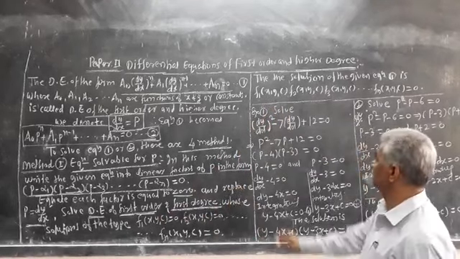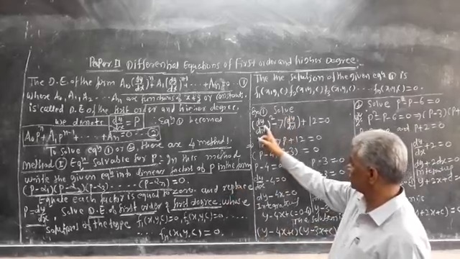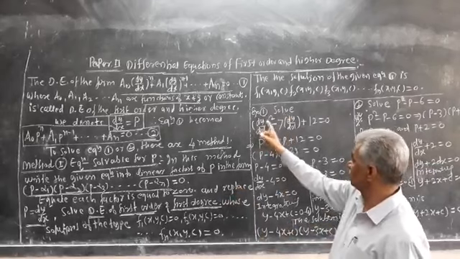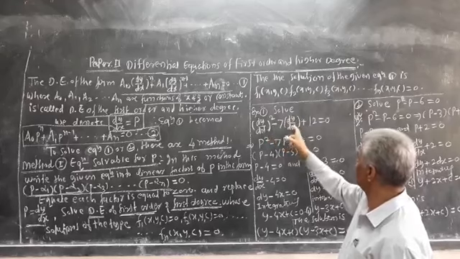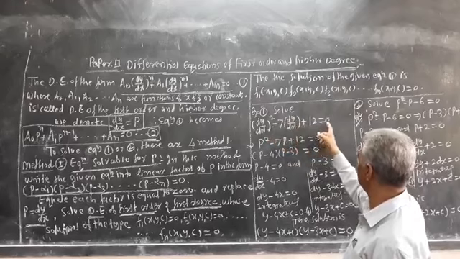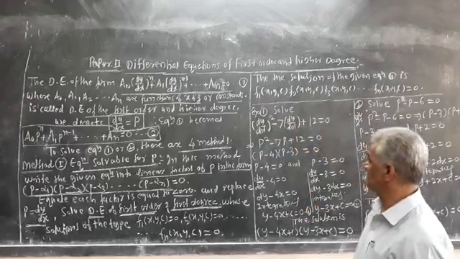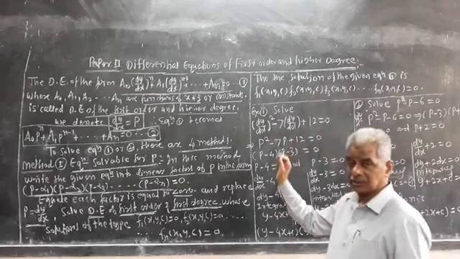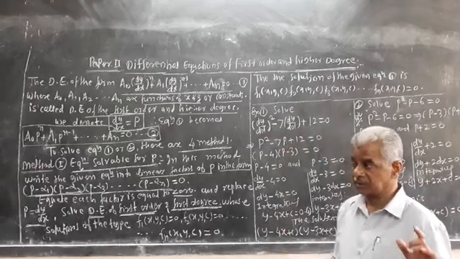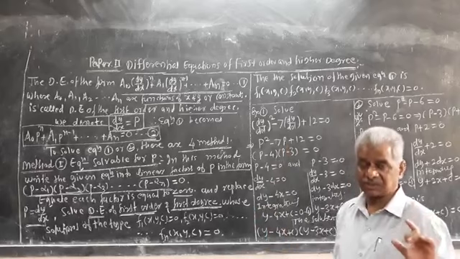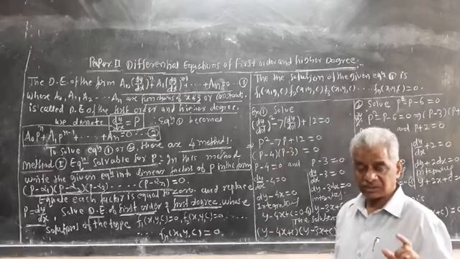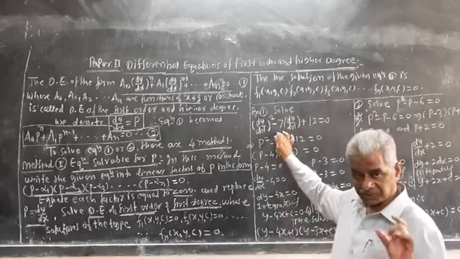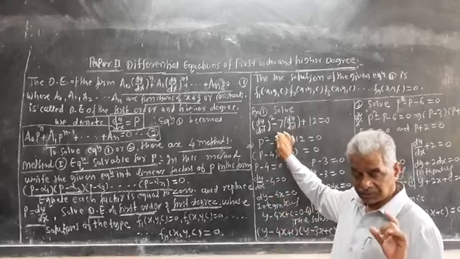For example, solve the equation (dy by dx) whole square minus 7 dy by dx plus 10 is equal to 0. Since the equation involves dy by dx, firstly it is a differential equation. Is it a differential equation of first order and first degree?